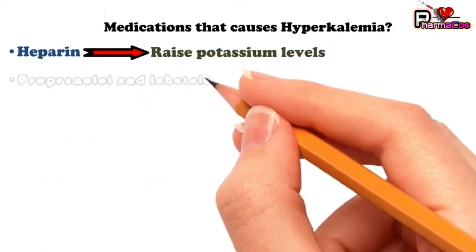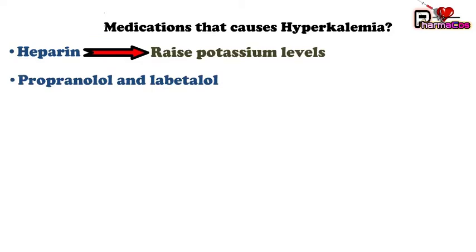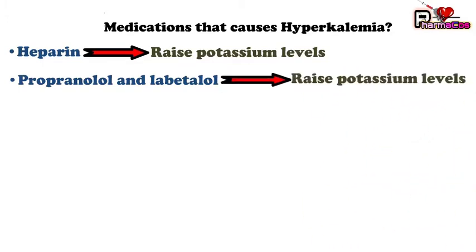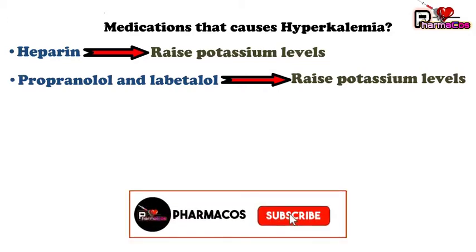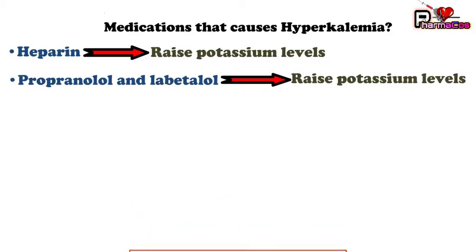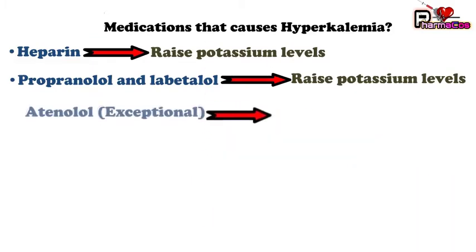Propranolol and labetalol are beta blocker medications that may bump your potassium a bit but not significantly. Beta blockers block your cells from taking in potassium from your bloodstream, causing your blood potassium levels to be higher. This, however, does not occur with atenolol, which is another beta blocker.